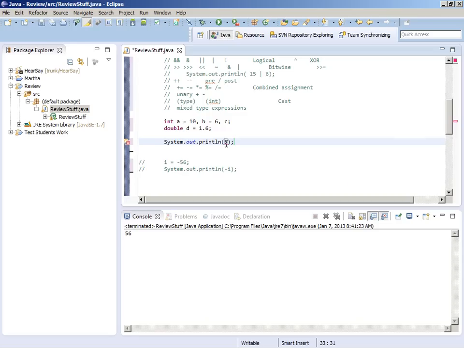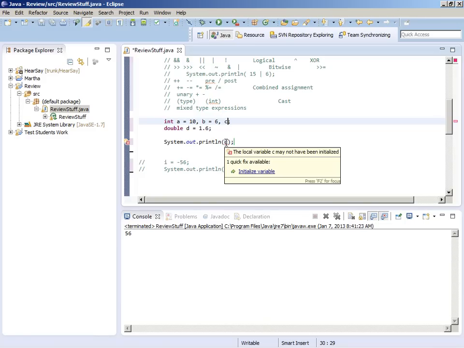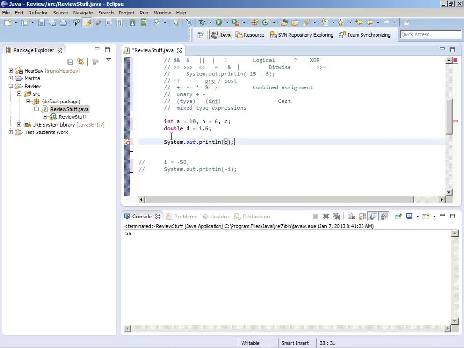Sometimes the compiler isn't smart enough to know that you really did initialize it, and you have to initialize it whether you want to or not. So you cannot use a variable that the compiler is not sure has a value in it. So we cannot print out the value in this variable until we put something in it. So let's put something in it. Let's put C gets A divided by B.